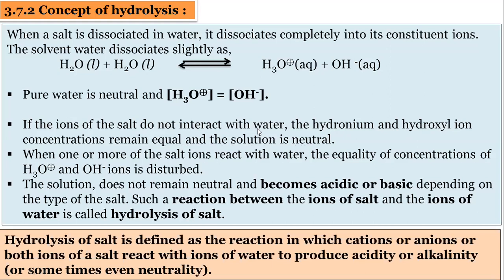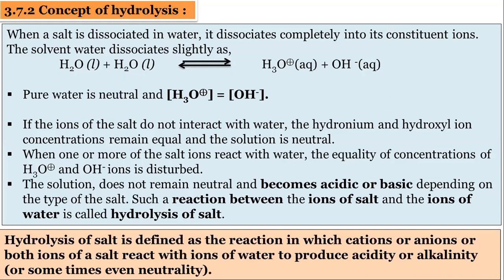And the second possibility is what? When one or more salt ions react with water. Now the concentration of H3O+ and the concentration of OH- will be disturbed. If the ions of the salt do not react, then the concentration will be the same, and the solution will be neutral.